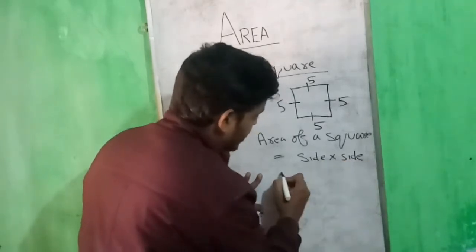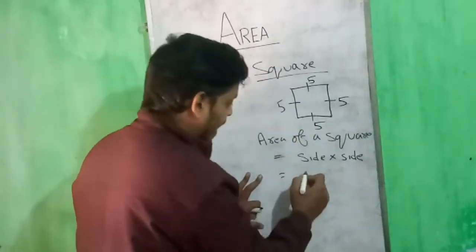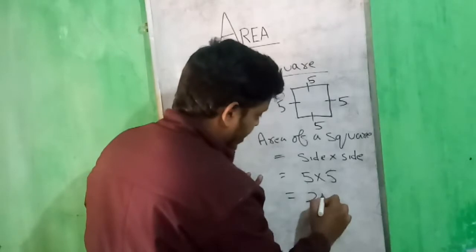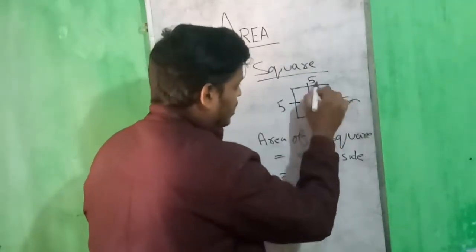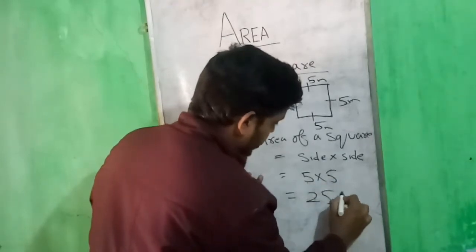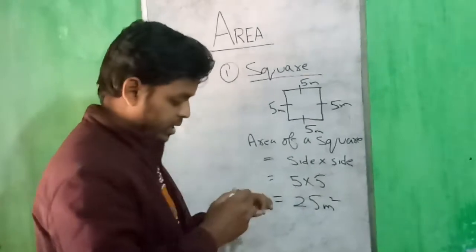Here the side is 5, one more side is also 5. The area of the square is 25. If it is in meter, then it will be meter square, or if it is in centimeter, it will be centimeter square.